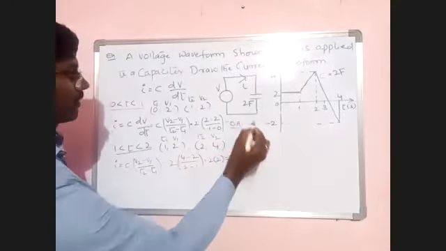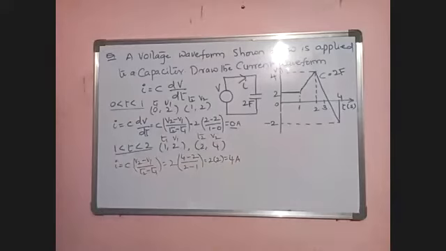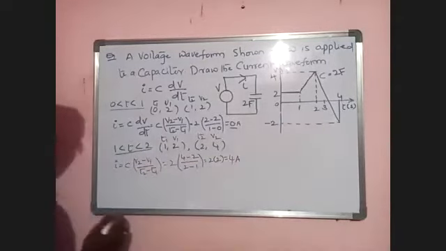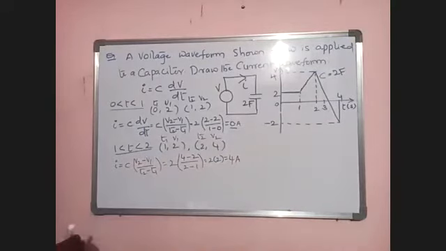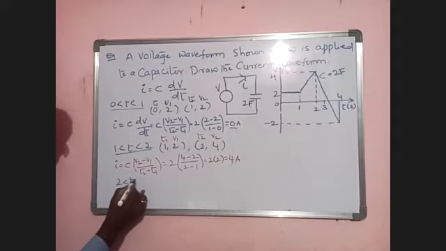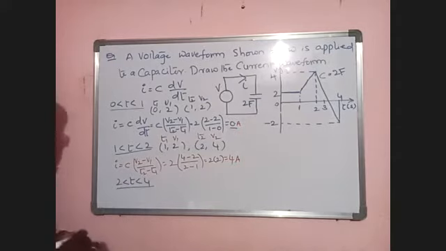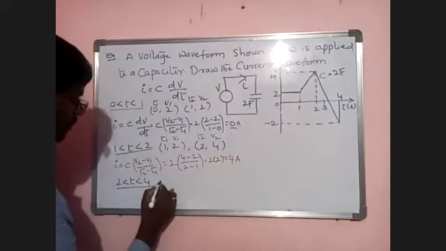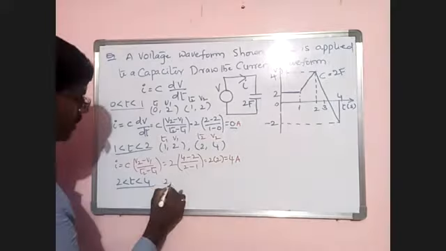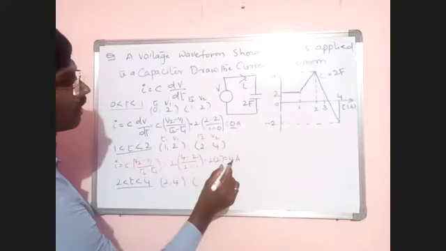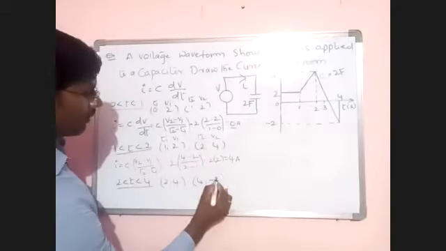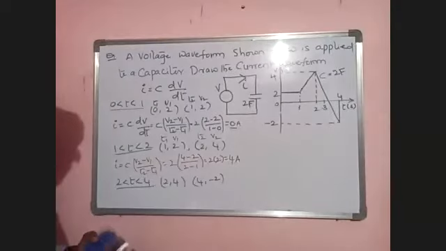Now come to the last interval, 2 to 4. 2 less than t less than 4. The two points are 2 comma 4 and 4 comma minus 2.